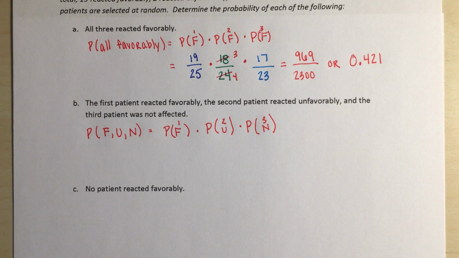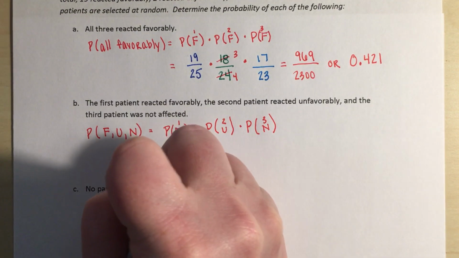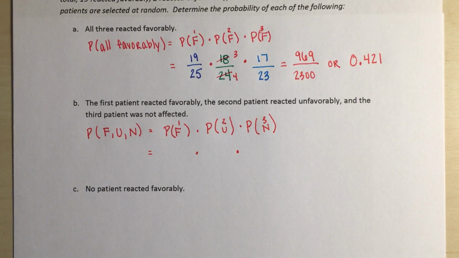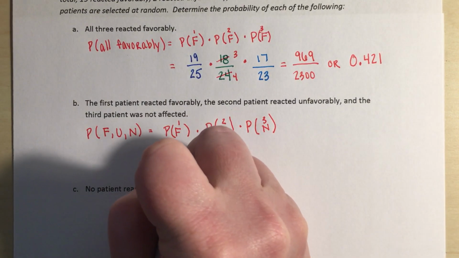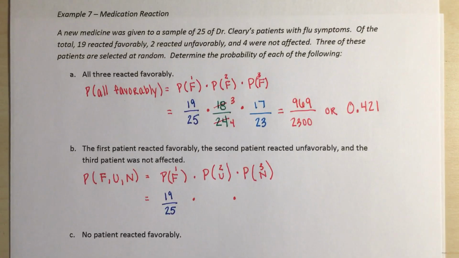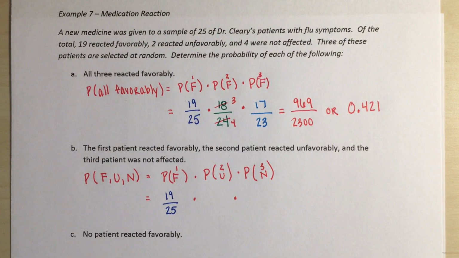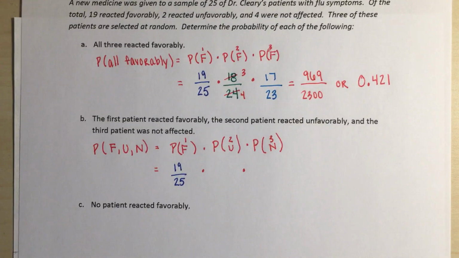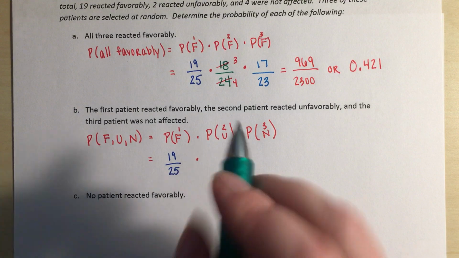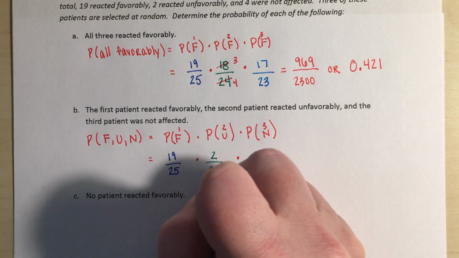All right, so favorable. Just like in the last problem, we have 19 out of 25. Unfavorable. If we go back up to our original problem, there were 2 people that reacted unfavorably, but we have taken one person out here. So we are going to say 2 out of 24.